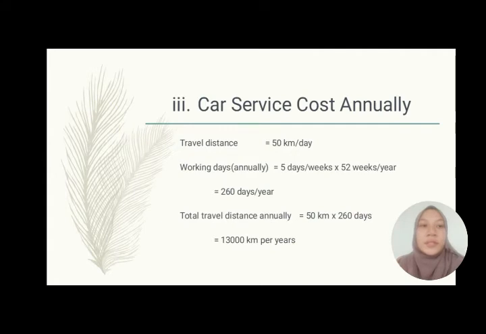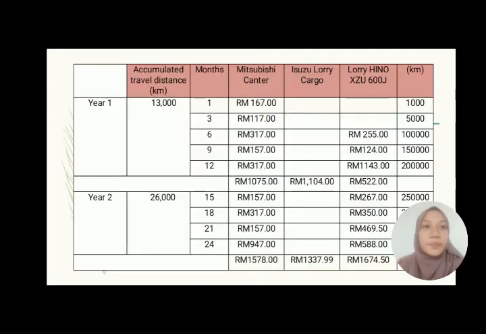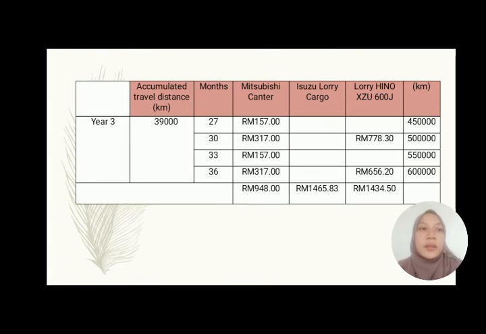For total travel distance annually, 50 km times 260 days gives 13,000 km per year. This is the summary of our distance travel cost, for the first and second year, and this one is the third year.